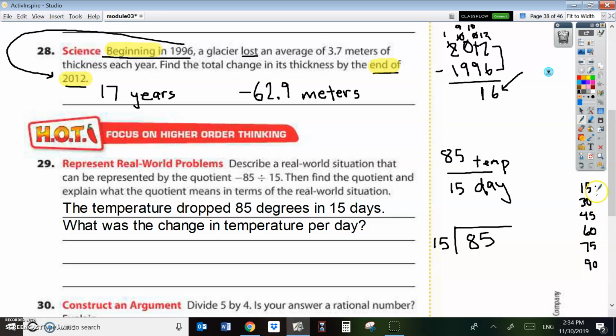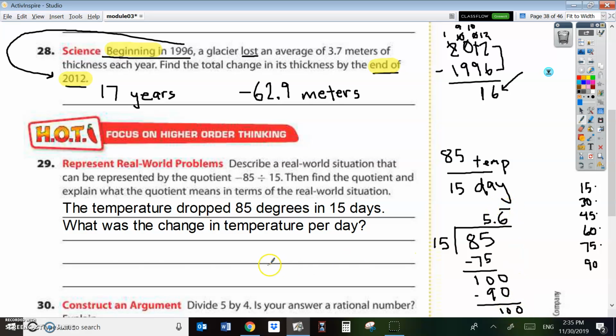So 5 times 15 is 75. Subtract, you get 10. Bring down a 0. Put up a decimal. 6 times 15 is 90. Subtract, you get 10. Bring down a 0.